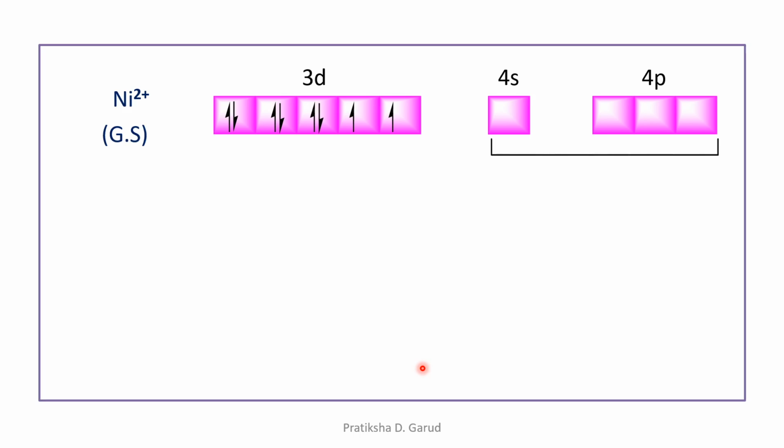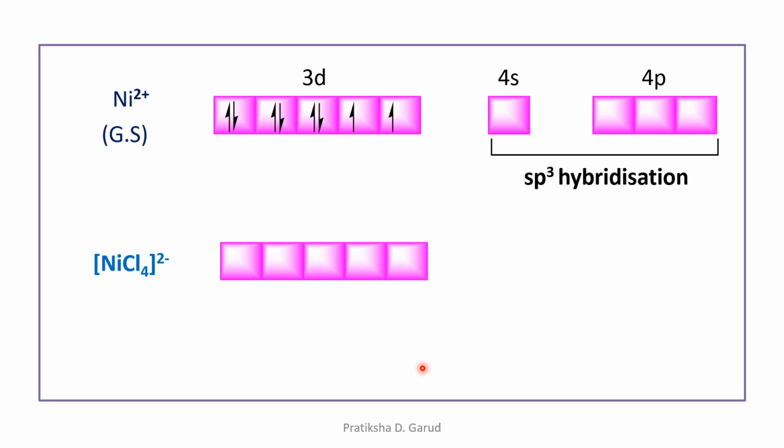So this is the ground state electronic configuration. Then we note that for this we have sp3 hybridization. That means one s orbital and three p orbitals should be vacant, and they are already vacant here, so it forms the sp3 type of hybridization. Now for the complex ion NiCl4 2-, we again have the 3d orbitals, 4s and the 4p atomic orbitals.